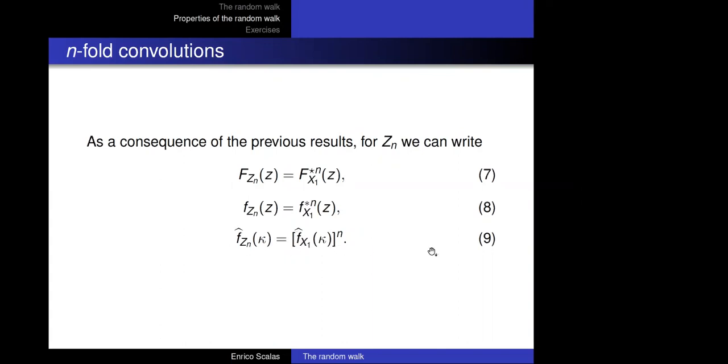In particular, equation 9 is very convenient because you don't have to compute integrals as you would have to do with convolutions. You just make products, and you hope your nth power of the characteristic function of x1 is a function that can be a Fourier transform that can be inverted back.